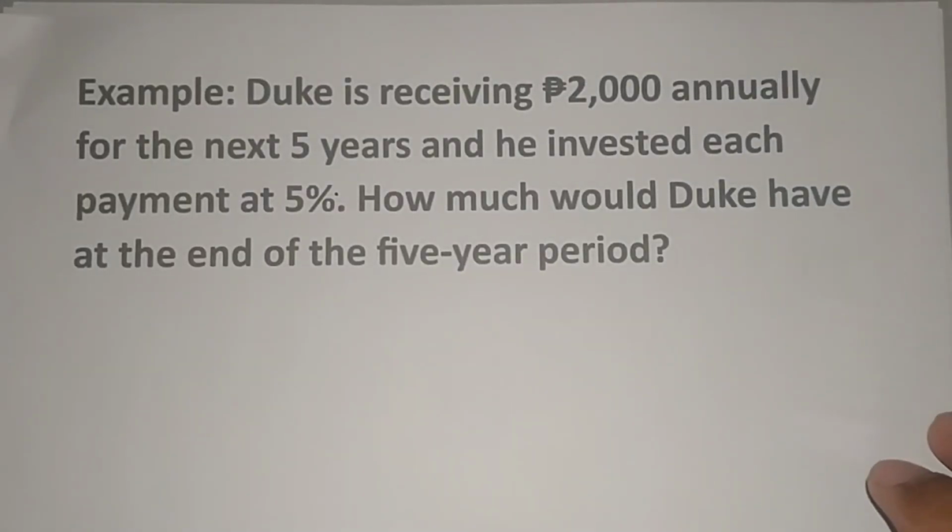Okay, let's have an example. Duke is receiving 2,000 annually for the next 5 years and he invested each payment. How much would Duke have at the end of the 5-year period? Okay. So to solve this, kailangan muna nating i-identify kung ano yung mga given.